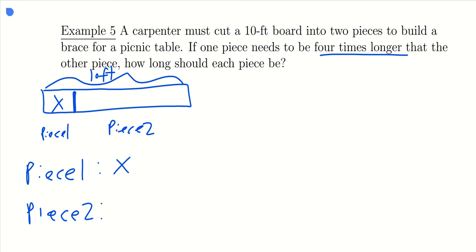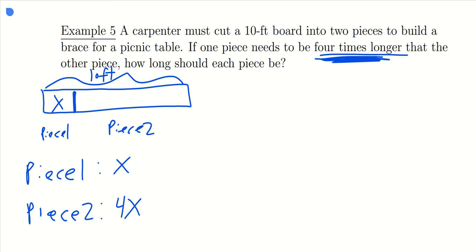We do know the length of piece 2 in relation to the length of piece 1, right? It needs to be 4 times longer than the other piece. So if I call piece 1 x, then the bigger piece I can represent by 4 times x, which is 4x. And by doing so, we now have a variable expression for each of our 2 unknown quantities.